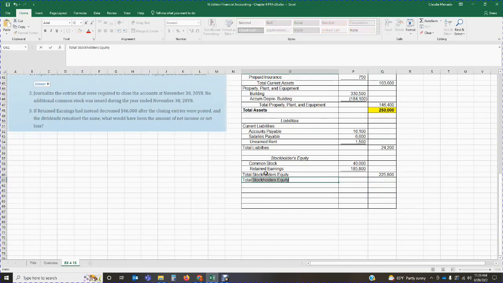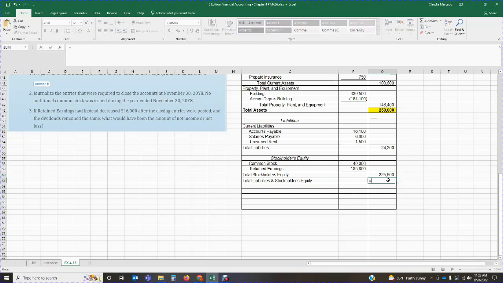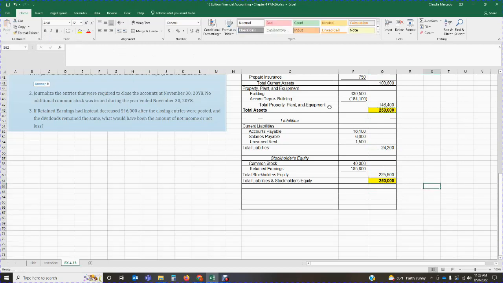And then we can calculate our total liabilities and stockholders' equity. To do that, we're going to add our total liabilities plus our total stockholders' equity, and that gives me $250,000.